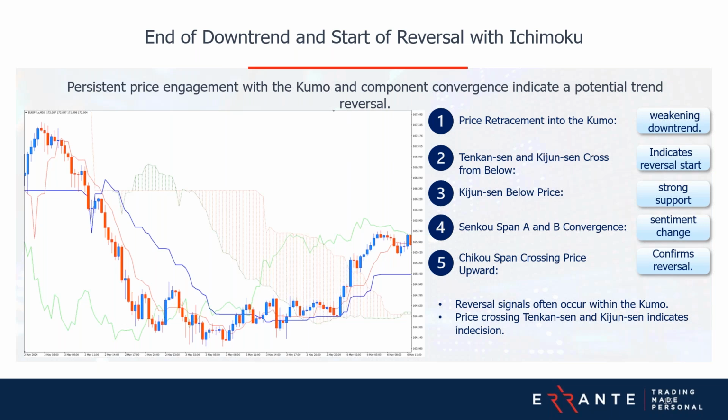This convergence shows that the previous trend is losing its momentum, paving the way for a potential reversal. It's not a confirmation of a reversal itself. When the price crosses both the Tenkan-sen and Kijun-sen, it reflects market indecision and a likely trend shift. So this crossover marks a critical point where traders should be alert for potential changes.